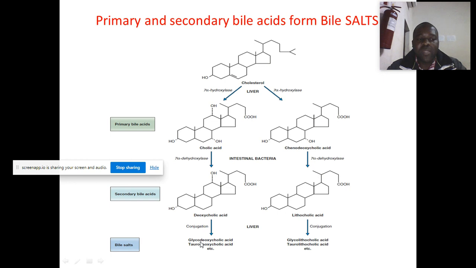Individuals with genetic deficiency in conversion of cholesterol into bile acids are treated with exogenously synthesized chenodeoxycholic acid. So primary and secondary bile acids are made by the liver and intestinal bacteria respectively. The secondary bile acids are made by the intestinal bacteria, and the primary bile acids are made by the liver.